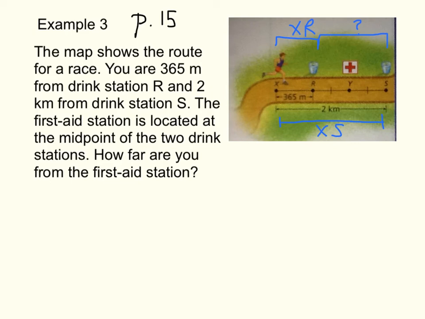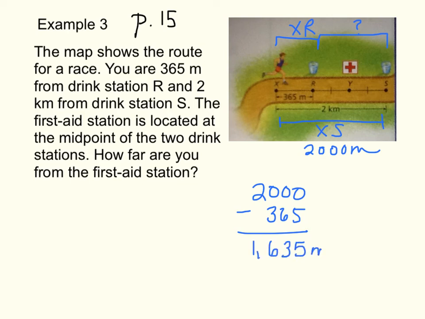Well, we first have to convert 2 kilometers into meters, which if you did that, 2 kilometers is equal to 2,000 meters. So we know this is 2,000 meters. So then we know that 2,000 minus 365 gives us 1,635 meters, which is the length of RS.